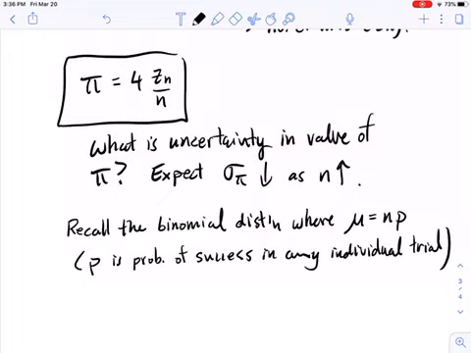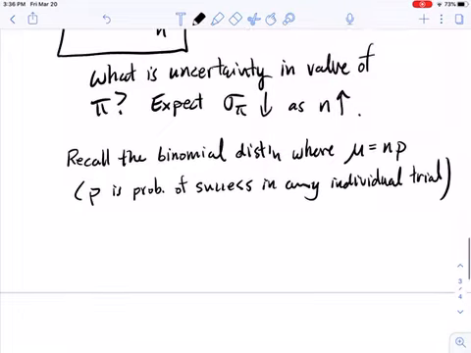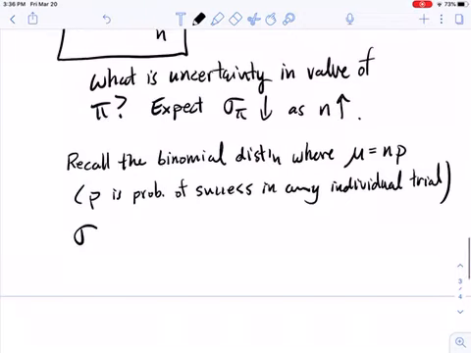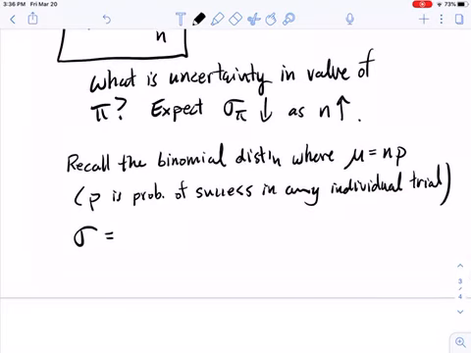And so for us, that's something we could calculate. It's Zn divided by n. And the uncertainty in the binomial distribution, if you recall, was np(1 minus p). That was actually the square of the uncertainty.